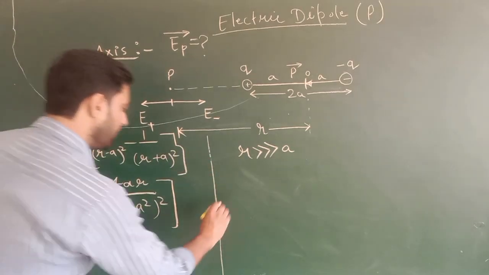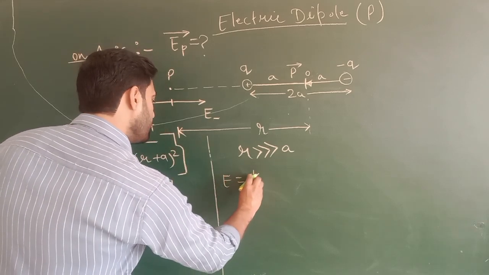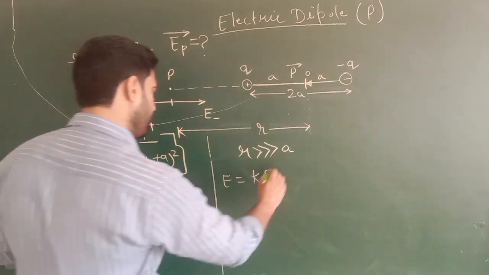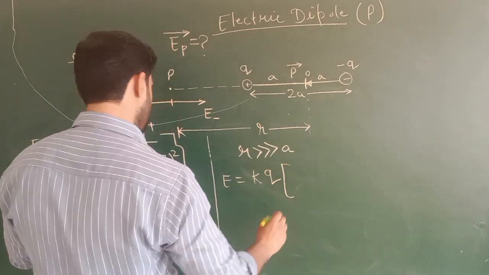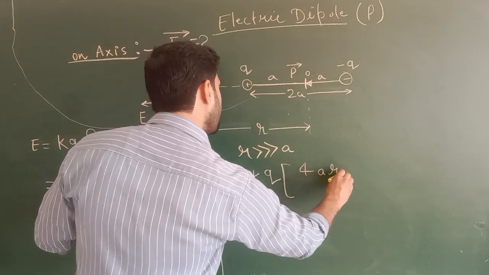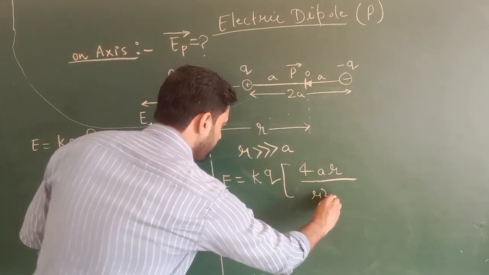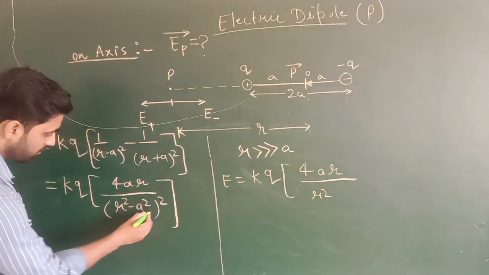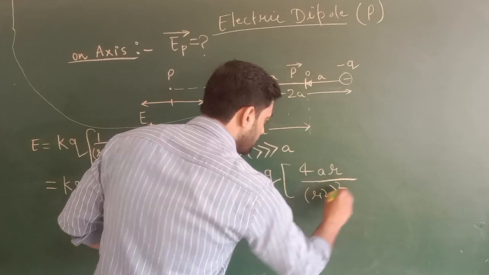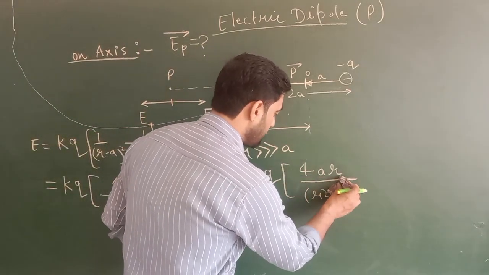So I am getting E equals kq multiplied by 4ar divided by r square whole square, that will become r power 4.